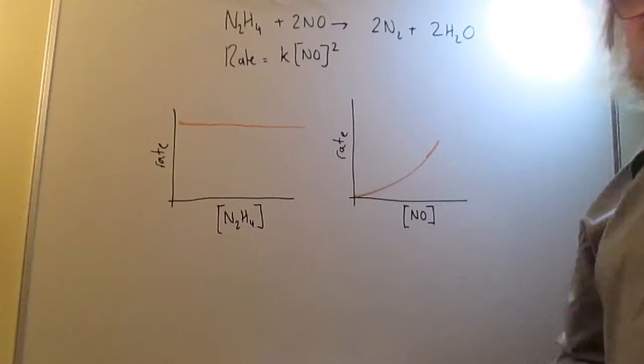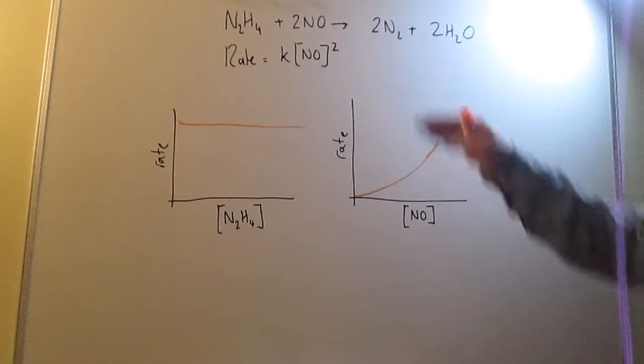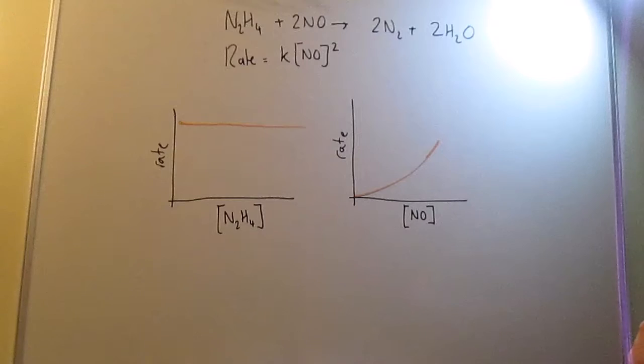And the simple rule that you have to know is that for the rate determining step, which is the slow step, the number of molecules of each substance involved in that is equal to their order of reaction. You've just got to know that principle, that the number of molecules of each substance involved in the rate determining step is simply equal to the order of reaction for that substance.